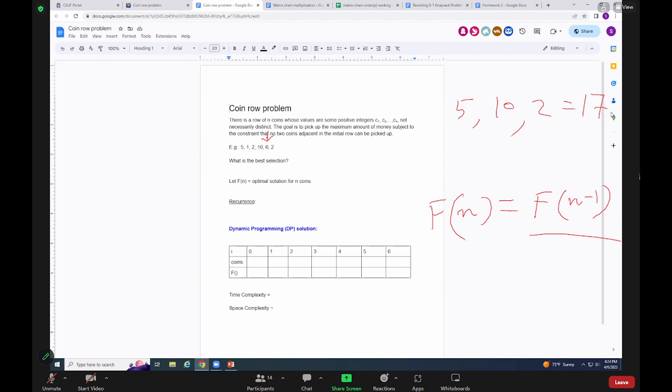Which means that 2 is not part of the solution, then f of n, the optimal with n, is just the optimal with n minus 1. Does that make sense to everyone?